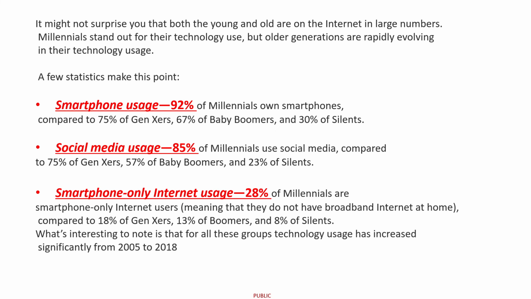So 28% of millennials are smartphone-only internet users, and again the sequence continues: 18% generation X, 13% boomers, and 8% of silents. What is interesting to note is that for all these groups, technology usage has increased significantly from 2005 to 2018.